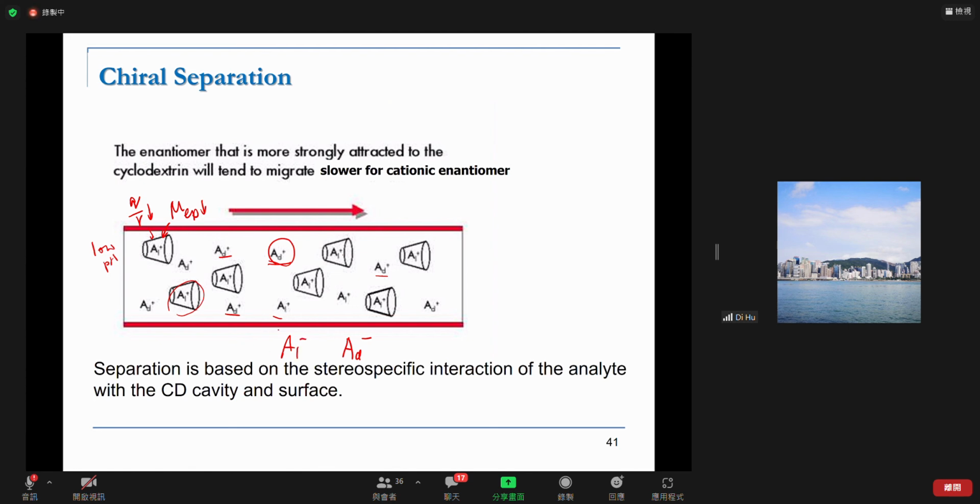If the L minus is the one that can get into the CD, which one comes out first, the D minus or the L minus? The one with CD, right? Because now it has a larger size, so a smaller mu EP, so there is less pulling, and that's why it comes out first. So this is how the chiral separation is achieved.